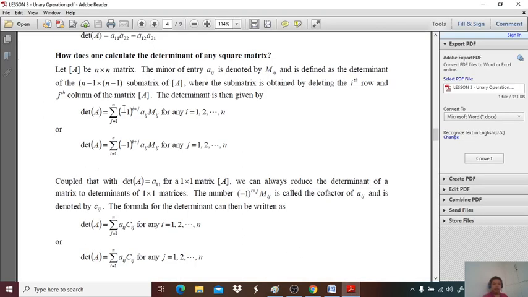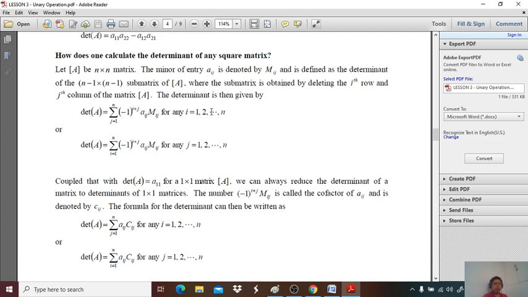Next, the determinant is just the summation of negative 1 raised to i plus j times Aij times Mij, the minor, for j equals 1, 2, 3, up to n.